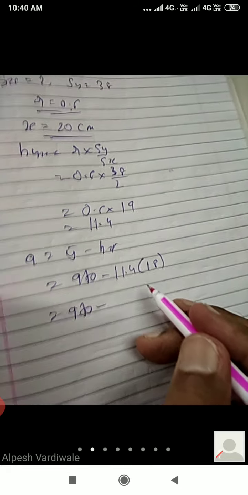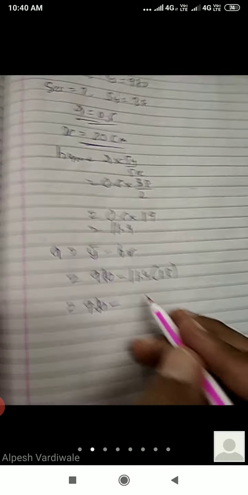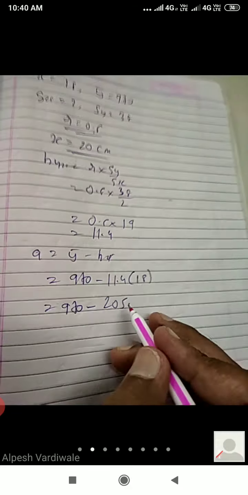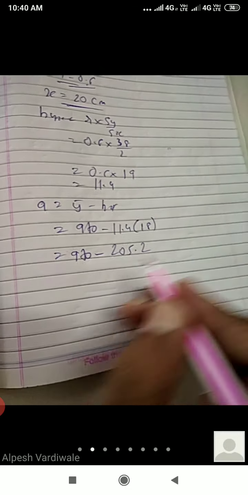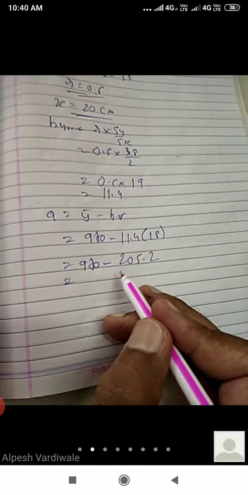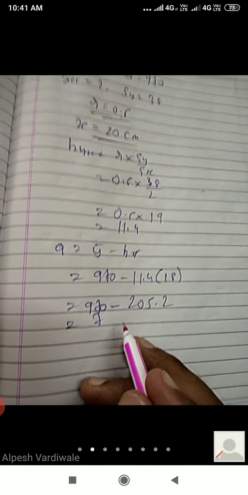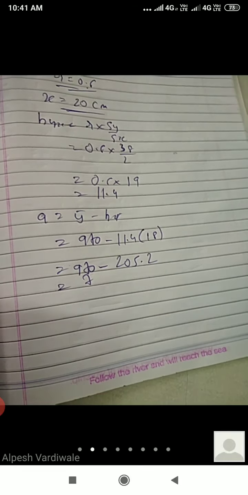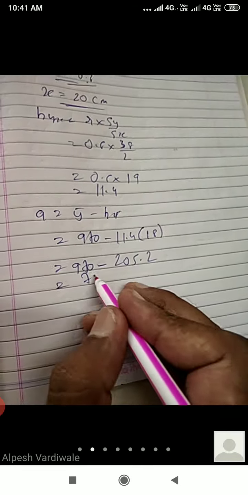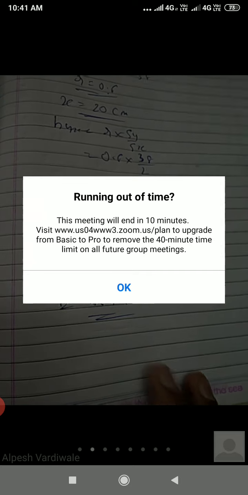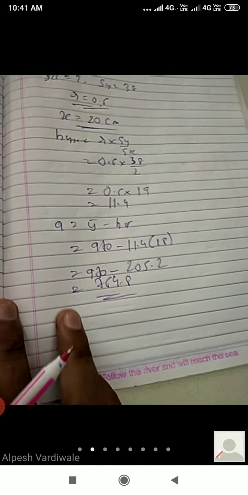What's the value? 205.2. Now subtract the value, how much? 764.8. So 764.8 is the value here.